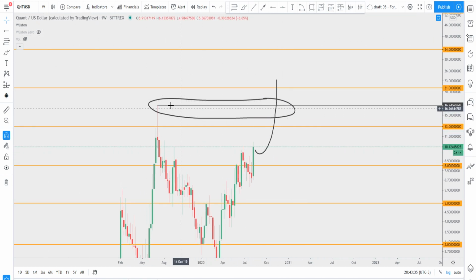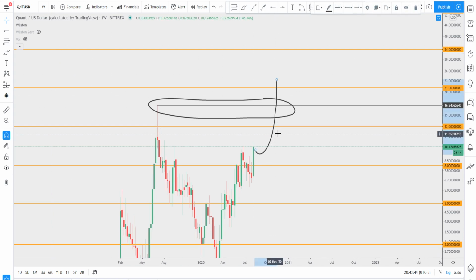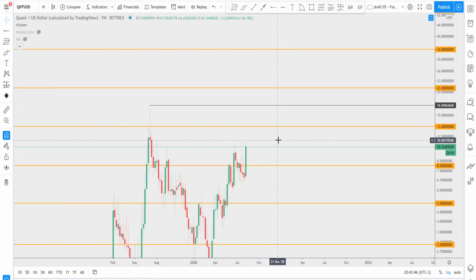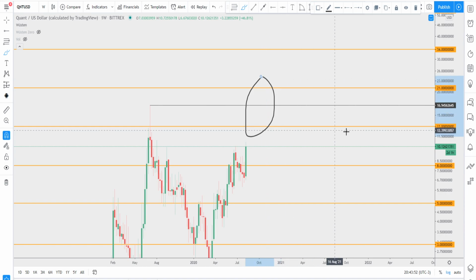As you guys can see, the key level here is 13 and the next one is 21, which means if they are able, so we have 3 key levels here, right? 13, 16 and 21.